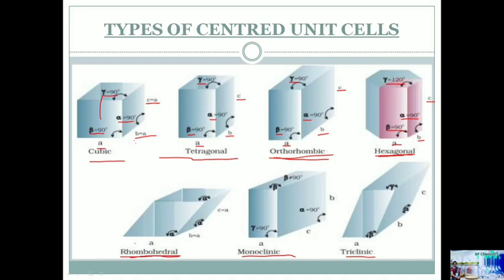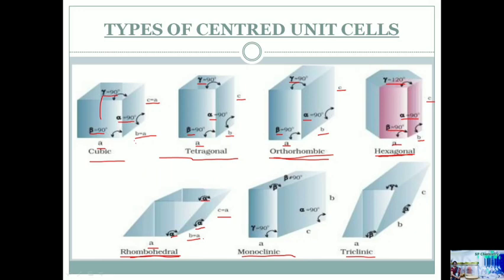Then rhombohedral crystal system. In rhombohedral also only one variation, that is primitive, and this is also known as the trigonal crystal system. And you can write A is equal to B is equal to C, and alpha, beta, gamma all are equal but not equal to 90 degrees. And as an example of rhombohedral, you can remember HgS, that is cinnabar.